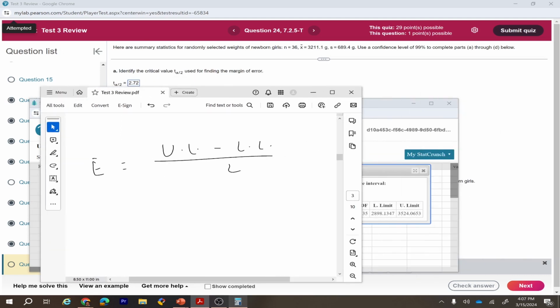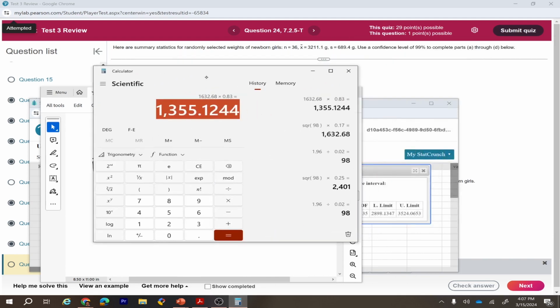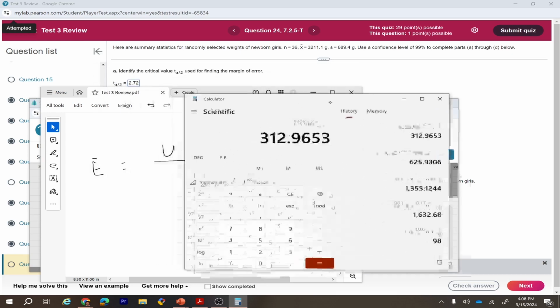In this case, the upper limit is 3524.0653 minus the lower limit, 2898.1347, and divide this by 2. That's the margin of error, which is 312.96.